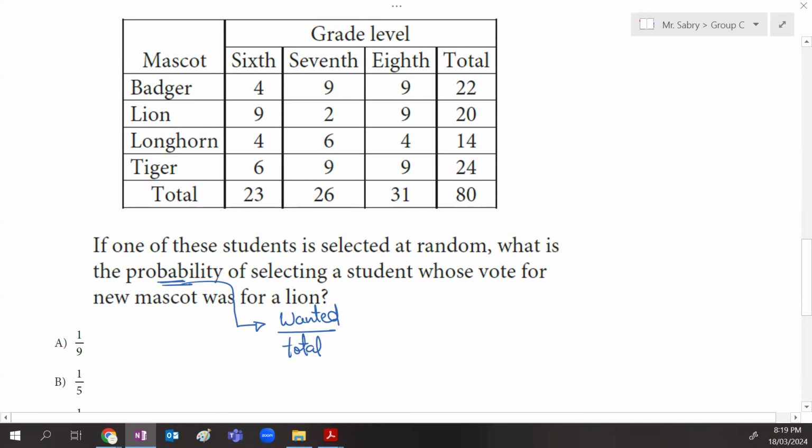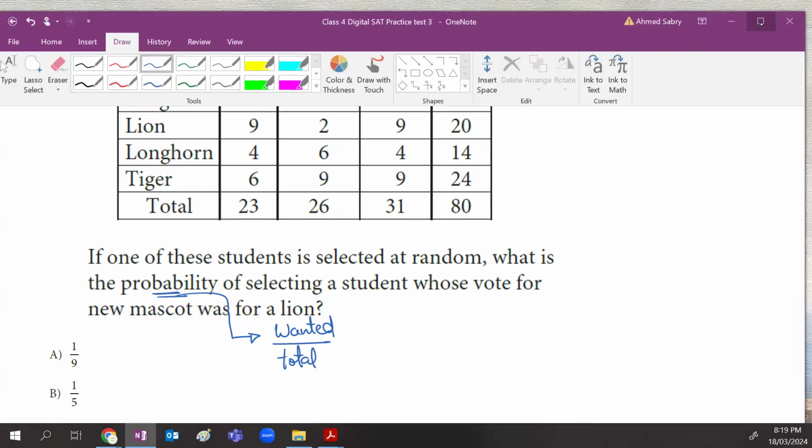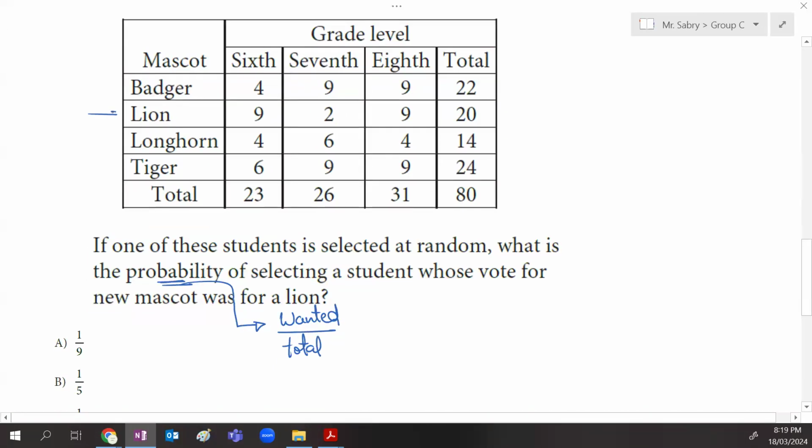So what is the wanted? They need the probability of selecting a student whose vote for a new mascot was for a lion. So I'll go for any student who voted for a lion. Looking at the column of the mascots, the mascot of a lion is this one.